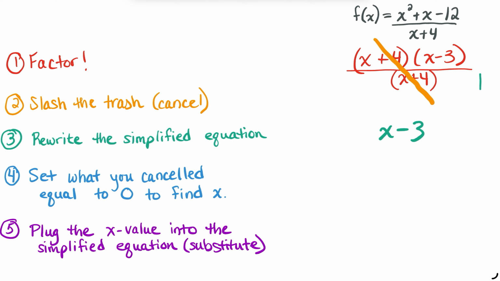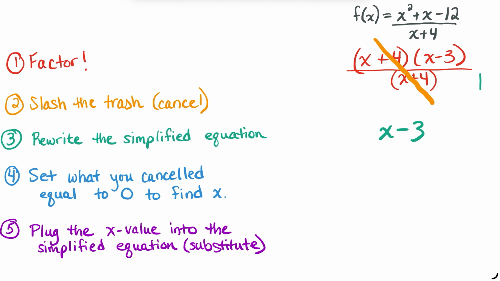Now, the hole, remember we're going to take what we cut up and put it down the hole in the sink. So slash the trash is our x plus 4. So we're going to go get that x plus 4 and we're going to set that equal to 0.